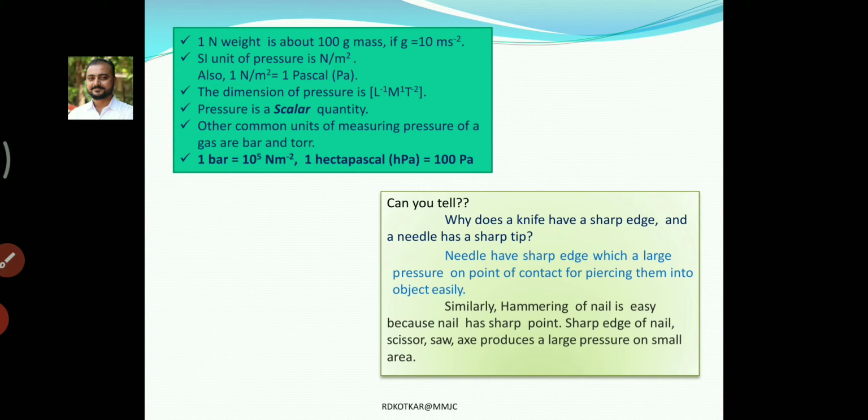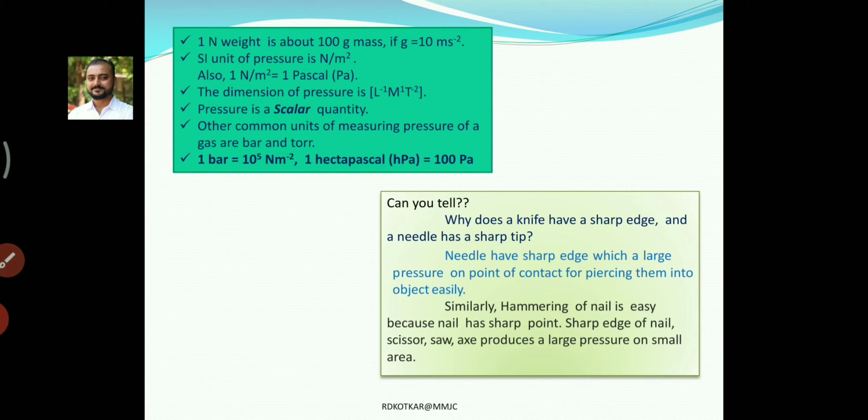So small area, large pressure; large area, small pressure. In this manner, if the knife or needle is sharp, they can exert a large pressure.